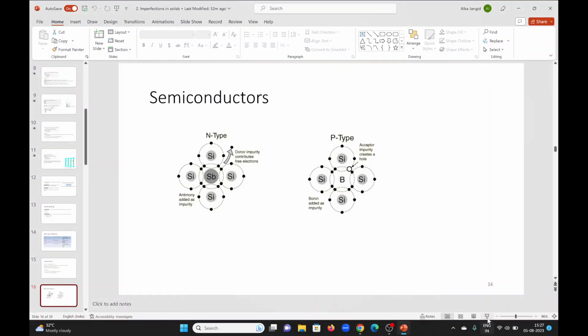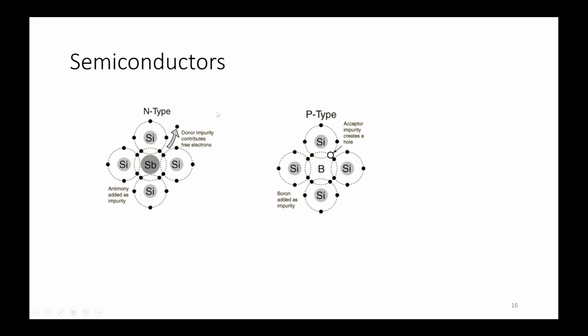Now, in case of semiconductors, you may have N type and P type doping. I think you have already studied these in your earlier classes. In this case, we'll be adding phosphorus. So it will be giving a donor impurity that contributes free electrons.